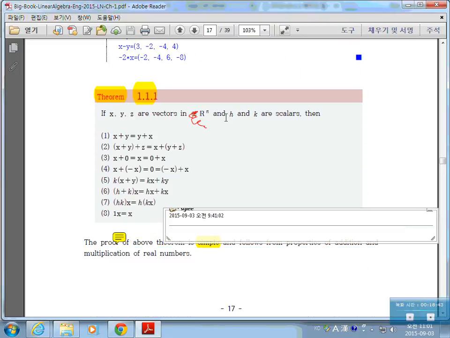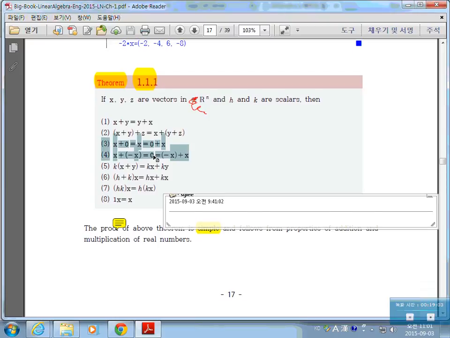And the vectors in Rn have properties like this. Vector addition is commutative and associative, the zero vector has the property that you already saw, the negative vector has a property like this, and the associative rules hold for vector addition and scalar multiplication.